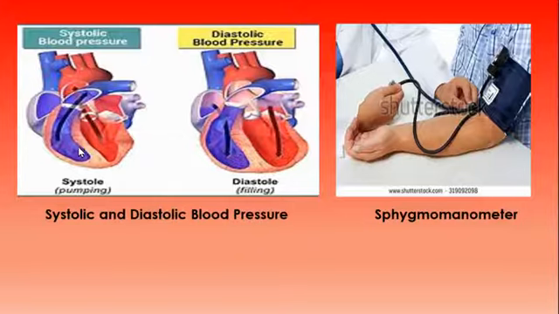You can see it is squeezed up. Then at this level, it is relaxed. It is open up to receive blood from the body or from the lungs. And by so doing, we have what we call diastolic blood pressure. On the right is the use of the sphygmomanometer to measure the pressure of a patient. You might have seen this instrument before. Yes, that's the instrument used to measure blood pressure.